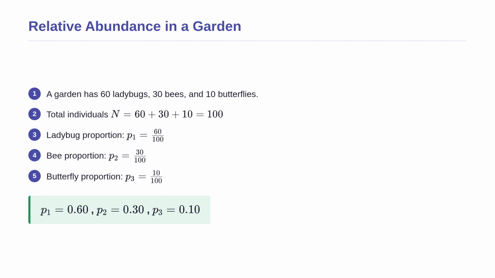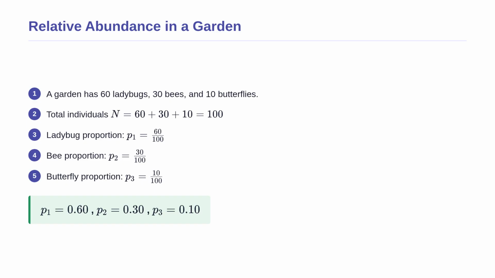Before we move on to more complex math, let us see this relative abundance formula in action with a concrete example. Imagine you are studying a small community garden. You count the insects and find 60 ladybugs, 30 bees, and 10 butterflies. We want to find the relative abundance of each.